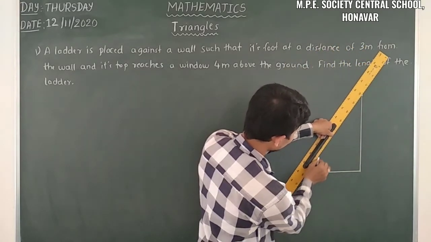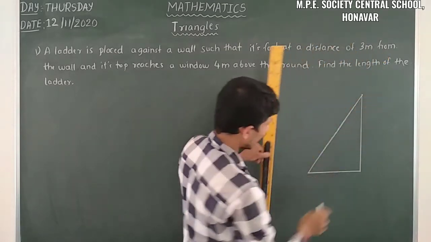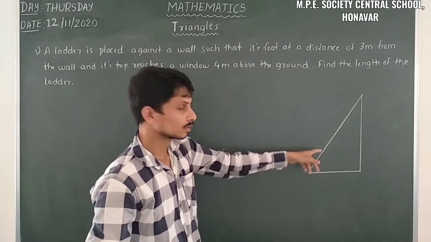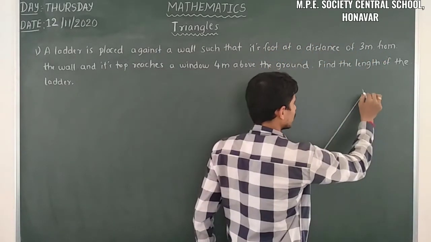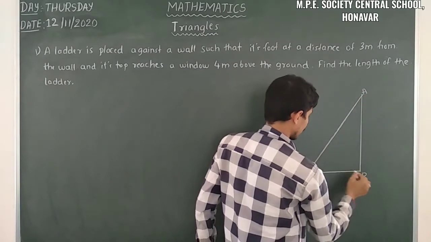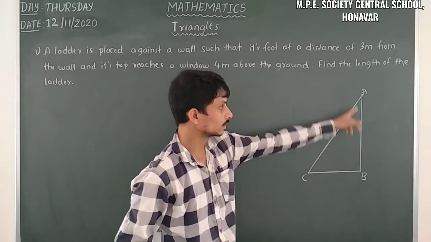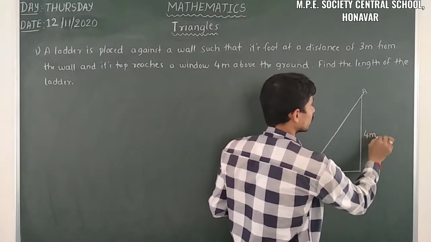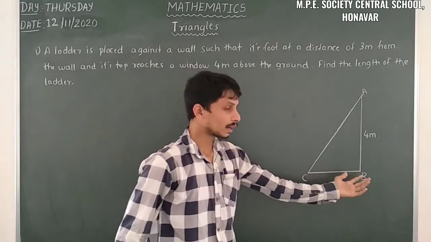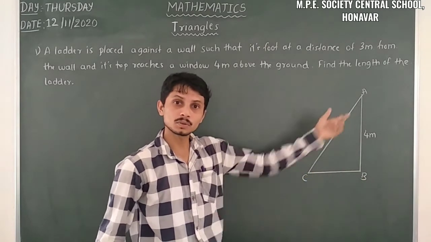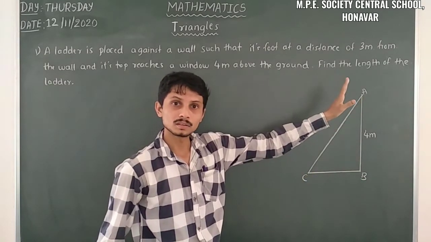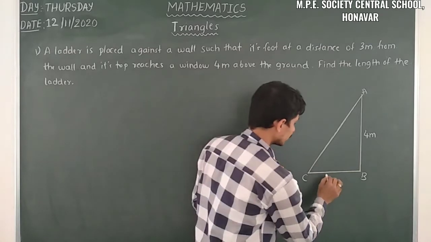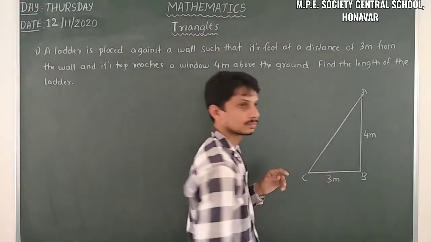I will name the points A, B and C. It's a wall, and at a height of 4 meters we have a window, and against the wall we place the ladder to reach the window. It is at a distance of 3 meters.